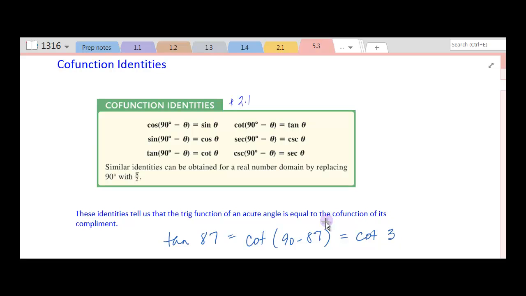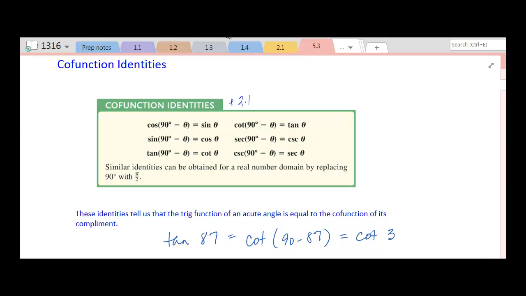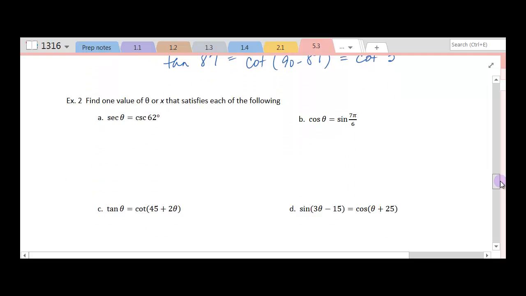So 3 and 87 are complementary angles to each other, and that's how we would rewrite the tangent of 87 in terms of its cofunction. So it's really just allowing us to rewrite, for whatever reason we may want, an angle in terms of its cofunction. So let's get into an example and apply these cofunction identities.